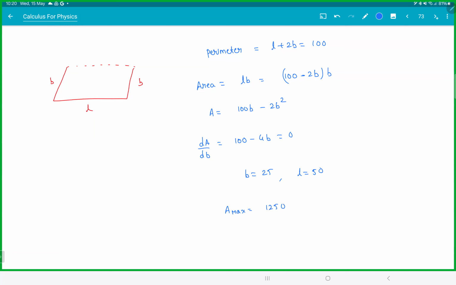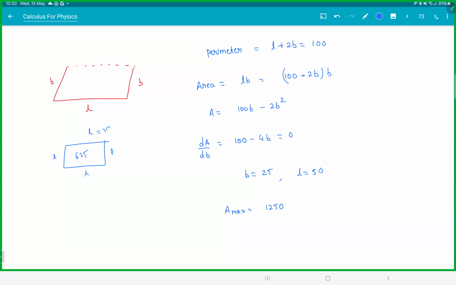Got this? Suppose you don't have the fourth side, then what would have happened to the question? You have to construct all four sides. Then actually you'll get a square, and the area will be 625. Did you observe one thing? Just by eliminating one side, you made the area double. If you had to make all four sides, you'd get only 625.